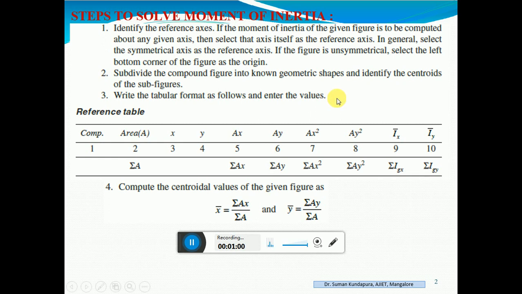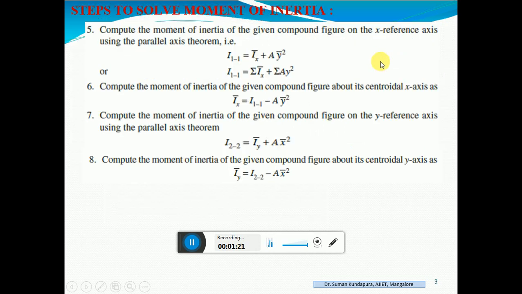In general, if it is a symmetrical figure, you choose the axis about its symmetry as the reference axis. If, for example, it is an unsymmetrical figure, then you may consider the left extreme or the bottom extreme of the figure as the origin.